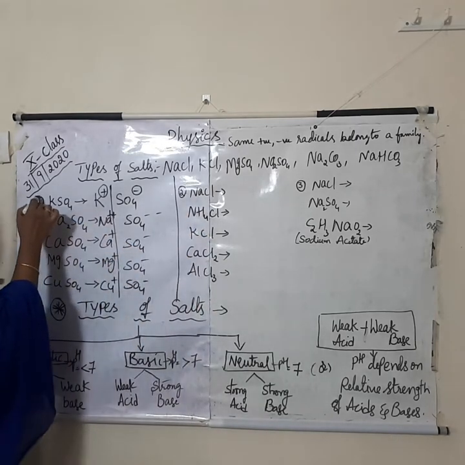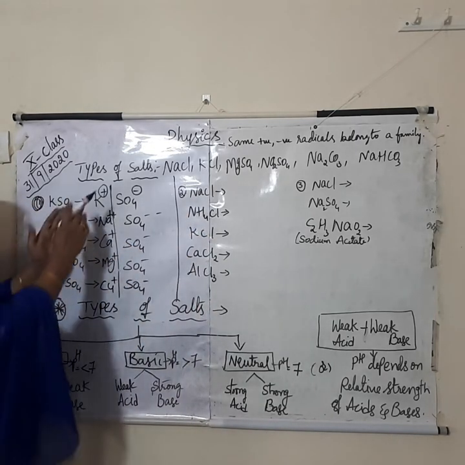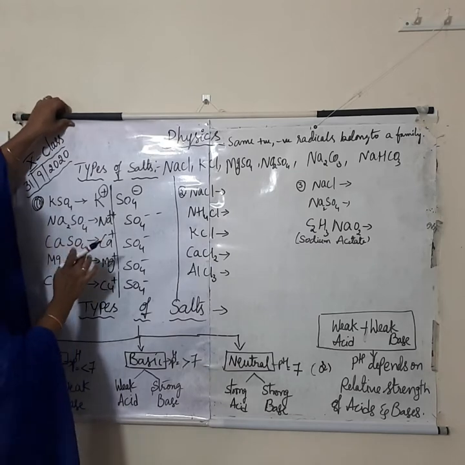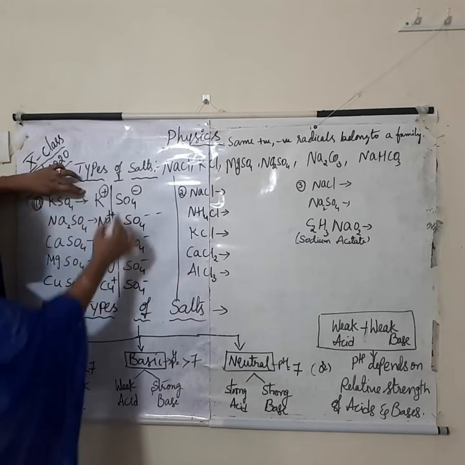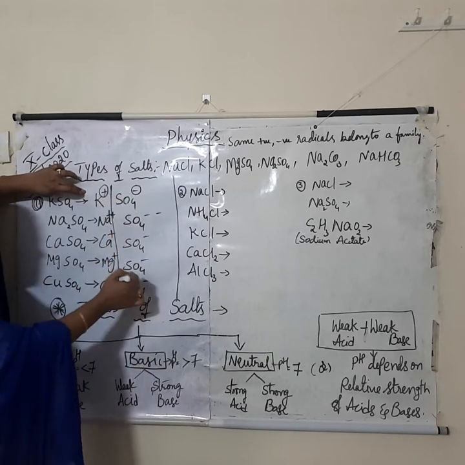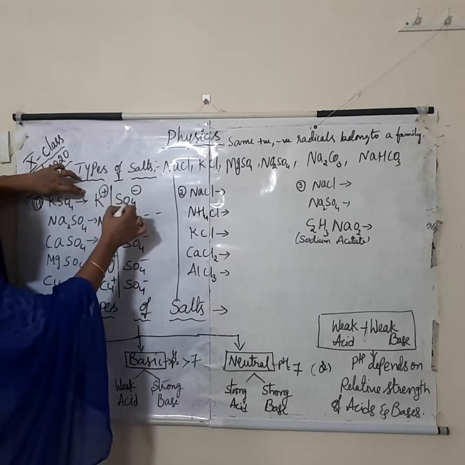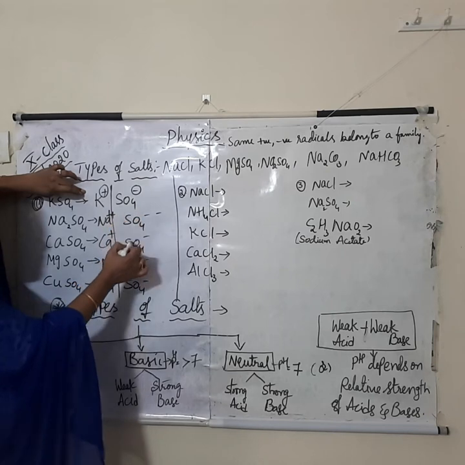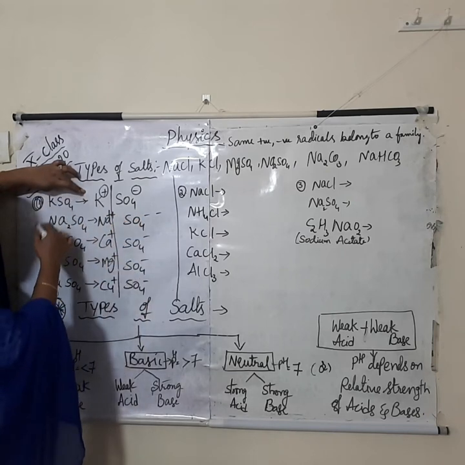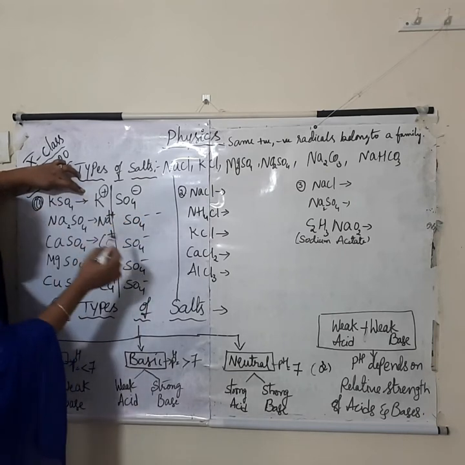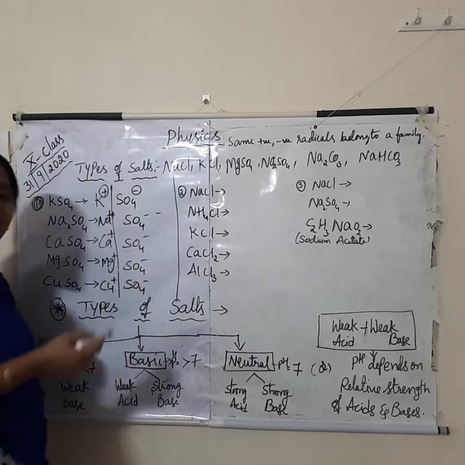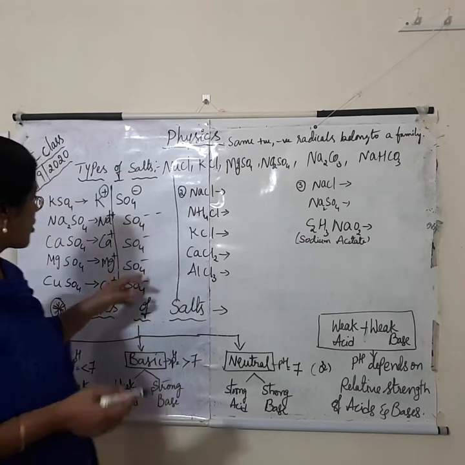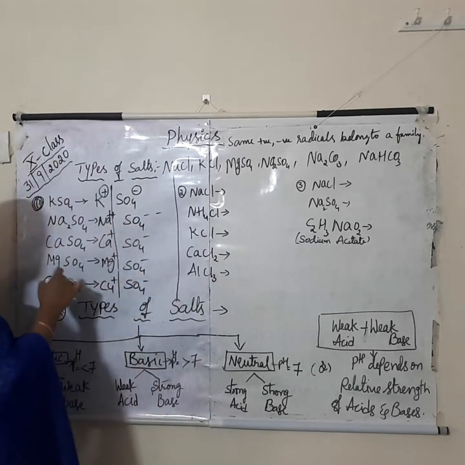In this first group, when you observe, each salt is a combination of cations and anions. Here the SO4 minus ions, or radicals, are common to all these salts.